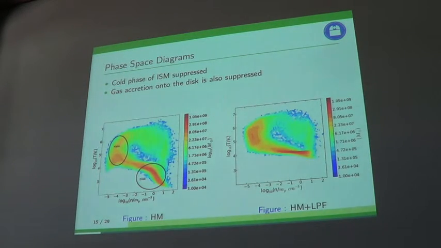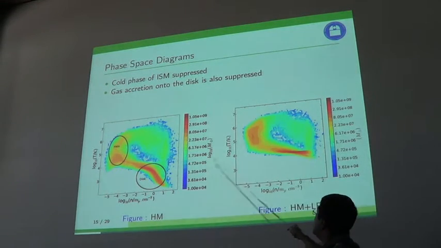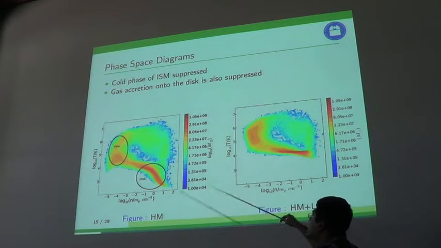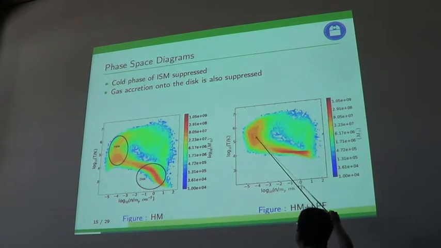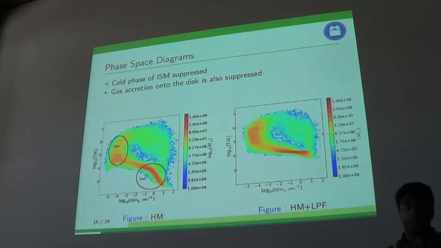To see why the star formation rates are different, I plot the temperature-density phase space diagrams in both the simulations. This is the halo, the surrounding CGM or the hot halo of the galaxy, and this is the disk. This is the Haardt-Madau, and this is the Haardt-Madau plus local sources. You can see that the halo is at a higher temperature here than here, and what that means is your cooling rate and also the gas accretion from the halo to the disk decreases.